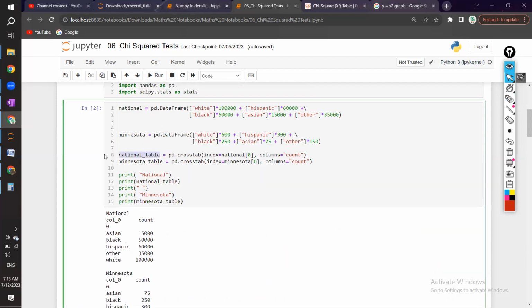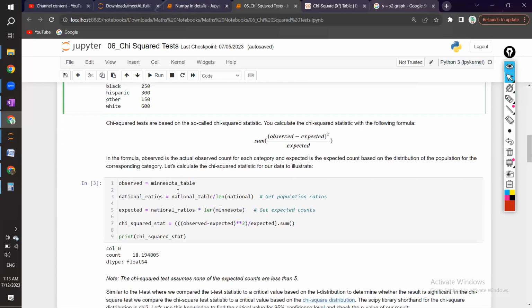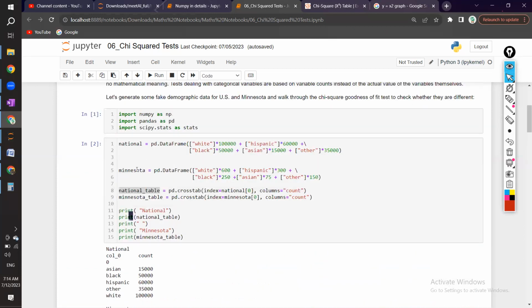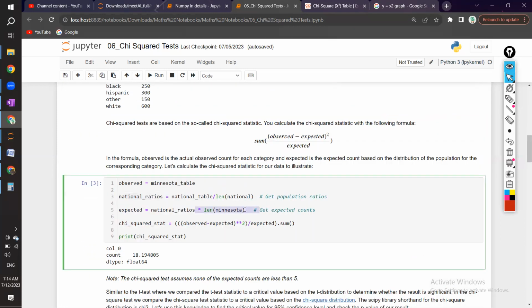The expected values are the same ratios multiplied by our particular state's length. So you do it with the length of Minnesota, and from here you get the expected value and the observed value.